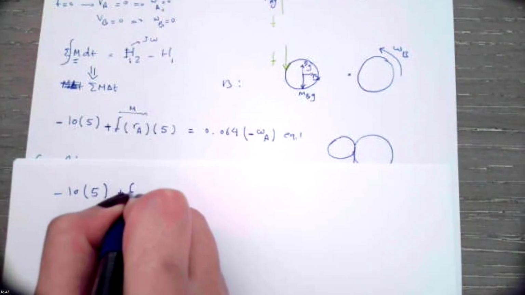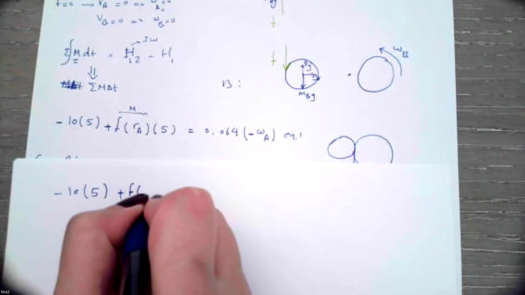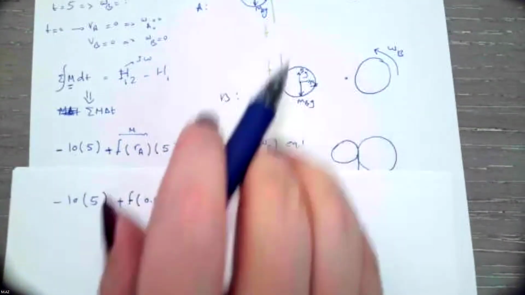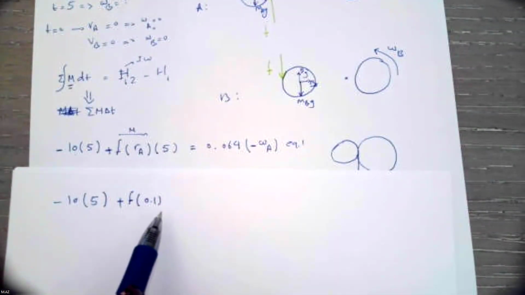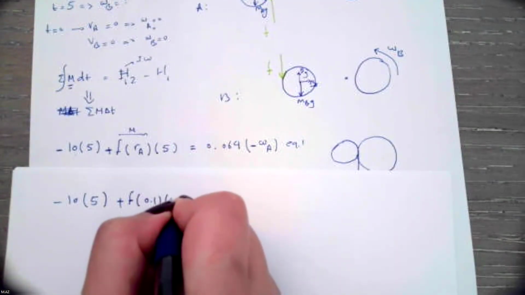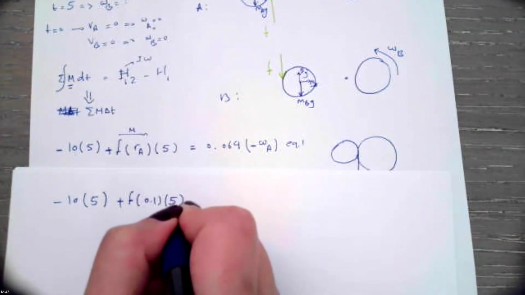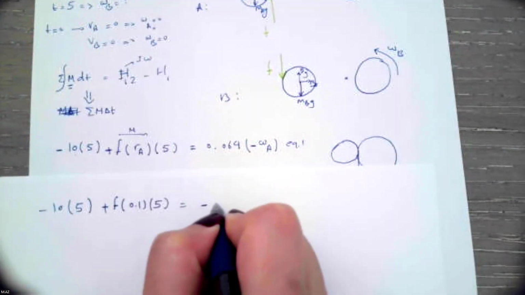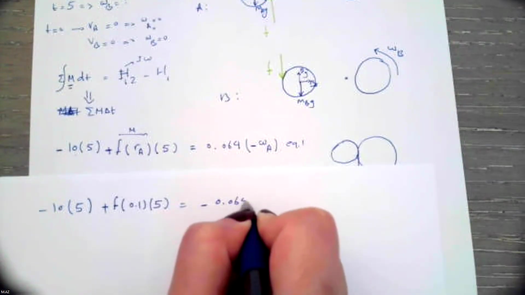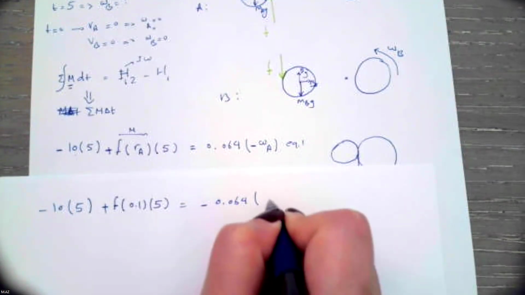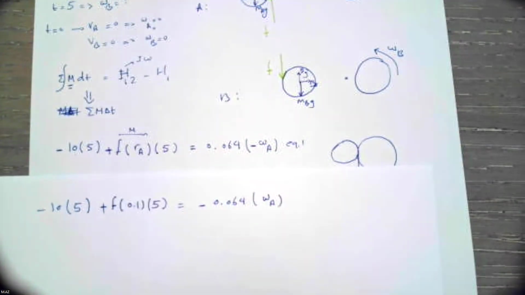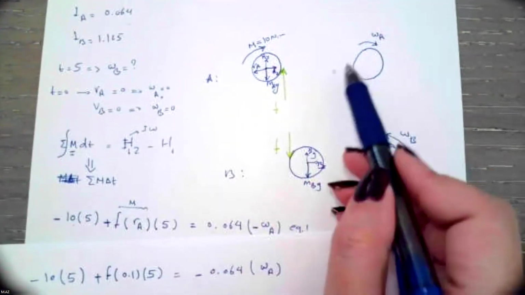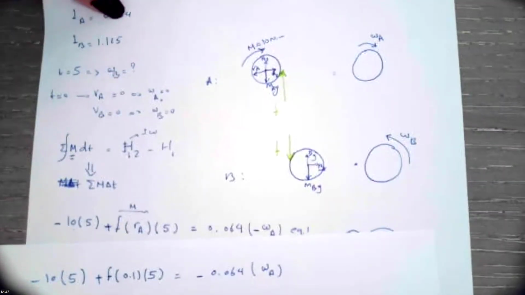The friction force times the radius of gear A, which in the figure is 0.1 meter, times delta T, again 5 seconds, equals -0.064 omega. This is negative because the rotation of gear A is clockwise.